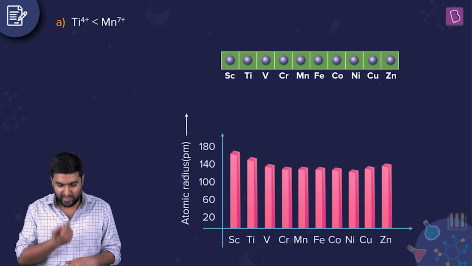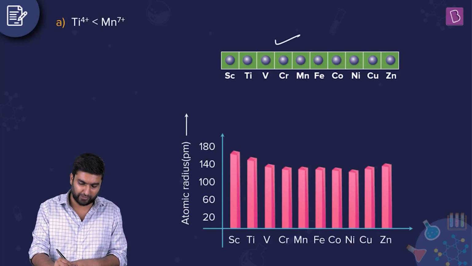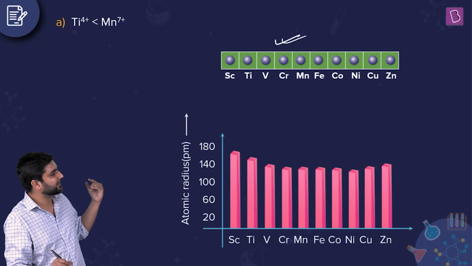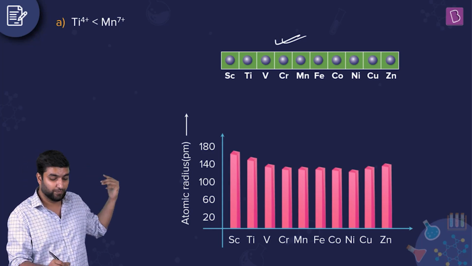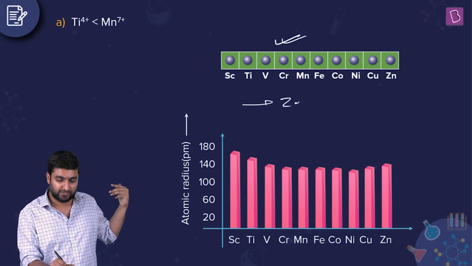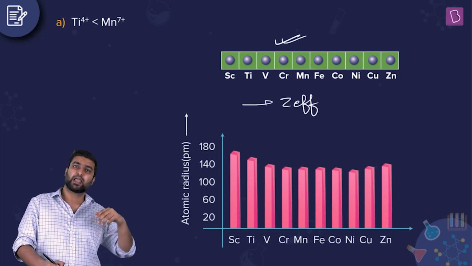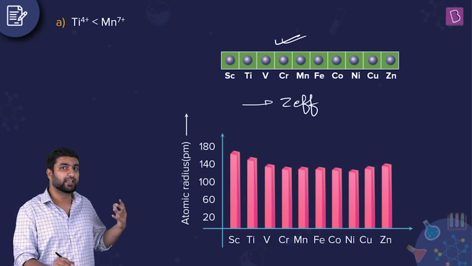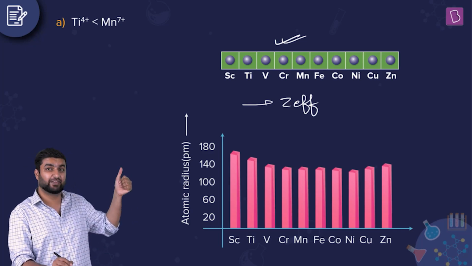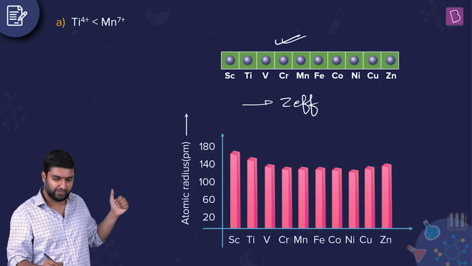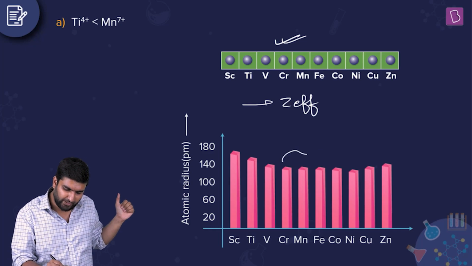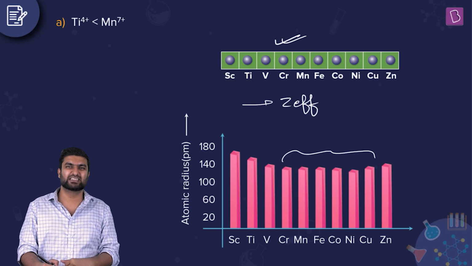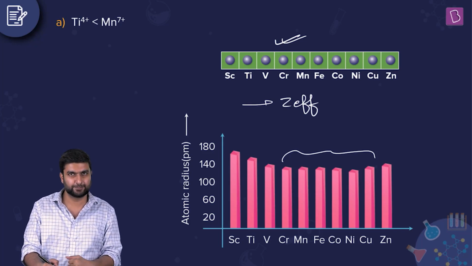Now, this is the trend for the 3d series. We know that in the 3d series, although going from left to right Z effective increases, because of the shielding of the electrons added, the increase in Z effective is countered, and you'll see that from chromium till somewhere over here, not much change is happening in the radius, right?